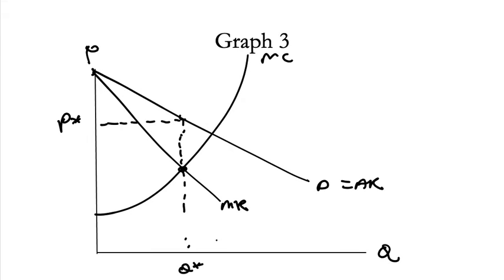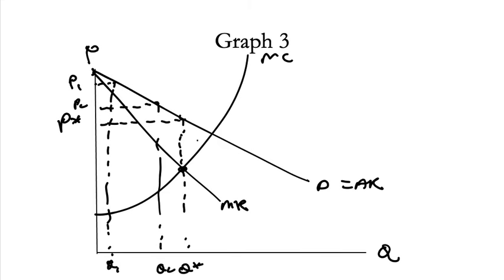But if you want to try to charge different people different prices, then perhaps you have the first person here, because his reservation price is here, P1, Q1. Next person is here, P2, Q2. Next person below the market price, P3, Q3, and so on and so forth, until the last one here.